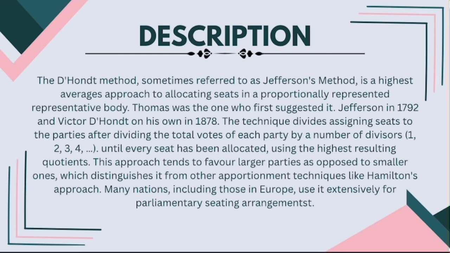The technique assigns seats to the parties after dividing the total votes of each party by a number of divisors, 1, 2, 3, 4, and so on, until every seat has been allocated using the highest resulting quotients.